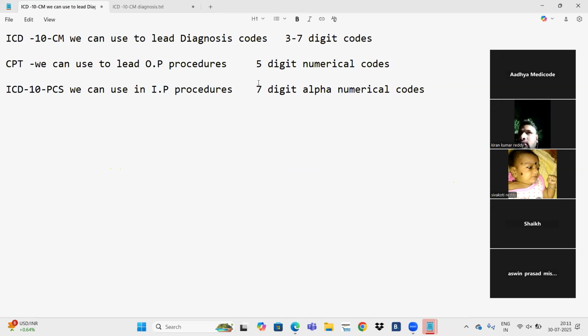In the options, if they give a 5 digit code, it was a CPT, outpatient procedure. In the options, if they give a 7 digit code, it was a PCS code, inpatient setting. That's it, okay? No need to check anything. Based on the code characters themselves, we can identify whether it was outpatient or inpatient.